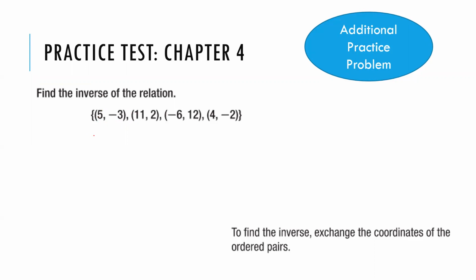So instead of 5, -3, it's -3, 5. You don't make them the opposites of each other. You just keep them the same. You just change x to y and y to x, okay? This is 12, -6, and then this is -2 and 4, okay? And that's all you have to do on that problem, okay?